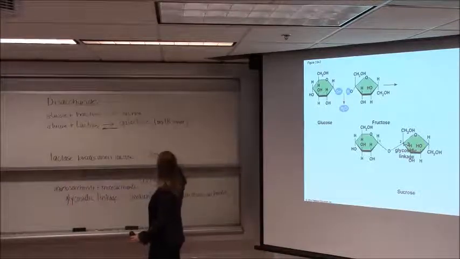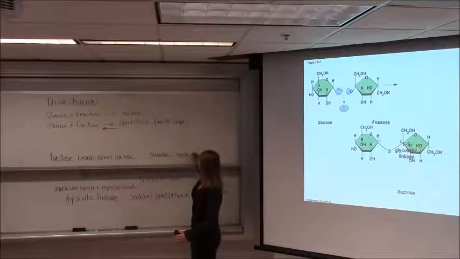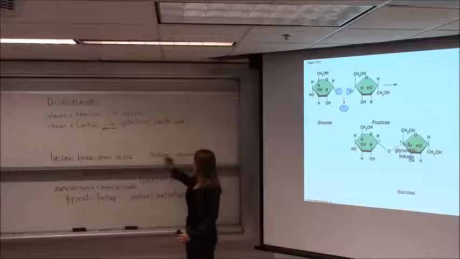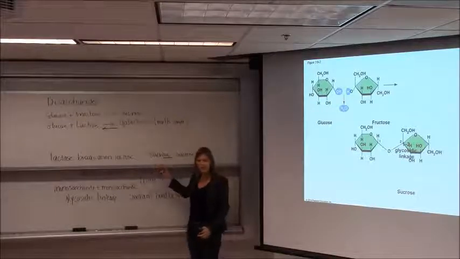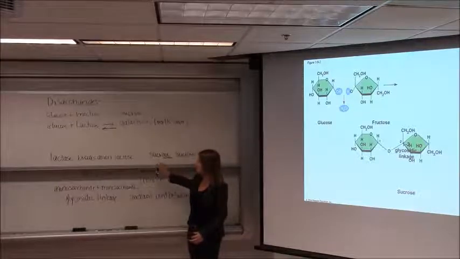Sucrase would be the enzyme that breaks down sucrose. So enzymes end in ASE, and they tell you what they do with their name, and you're going to see a lot of examples of this in the coming lectures.